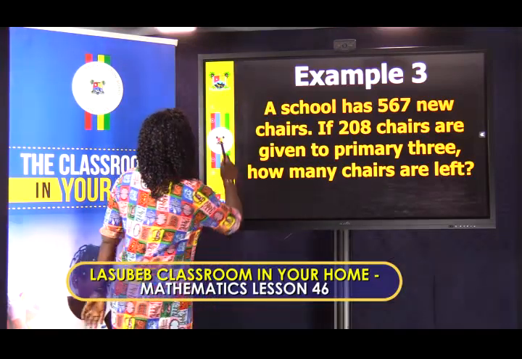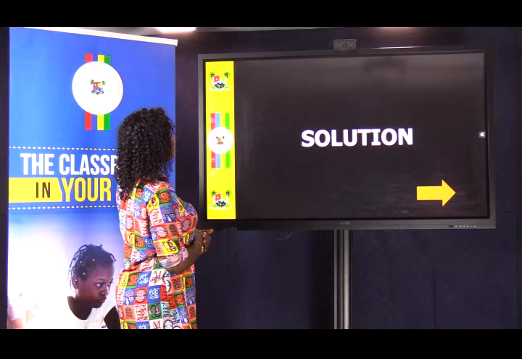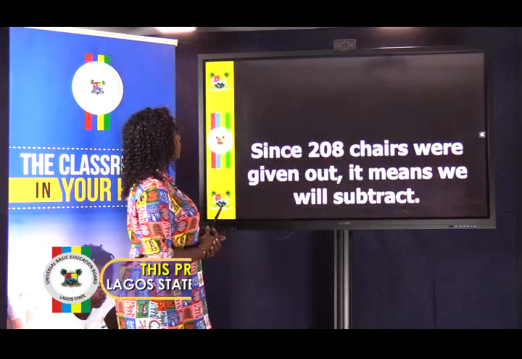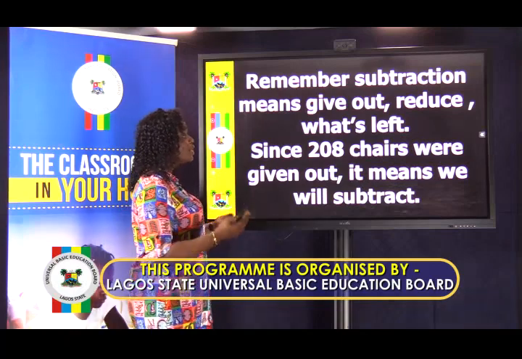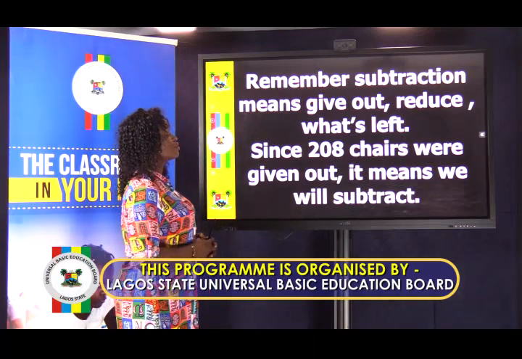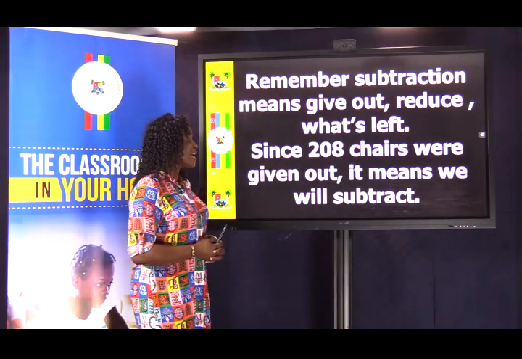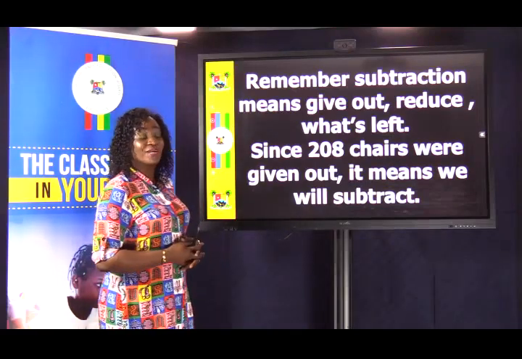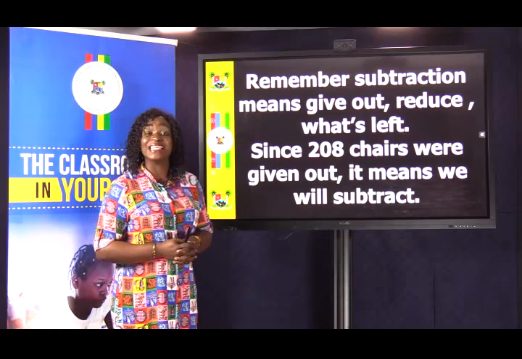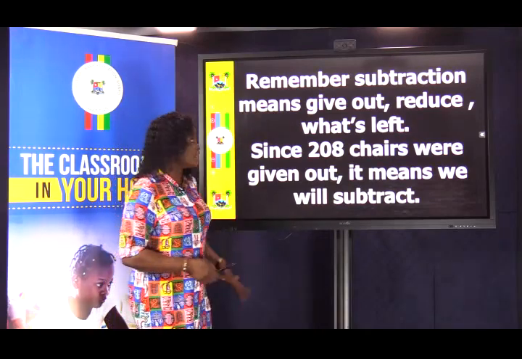We have read. Let's see the interpretation. Remember, subtraction means to give out, yes, reduce or what's left. Since 208 chairs were given out, it means we will subtract. 208 chairs were given out, so the initial number has reduced.